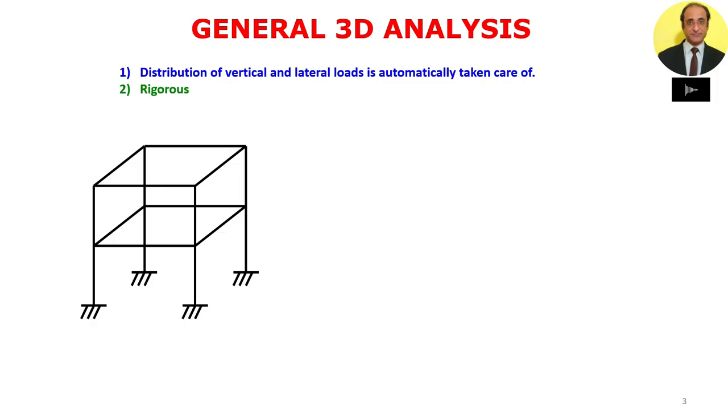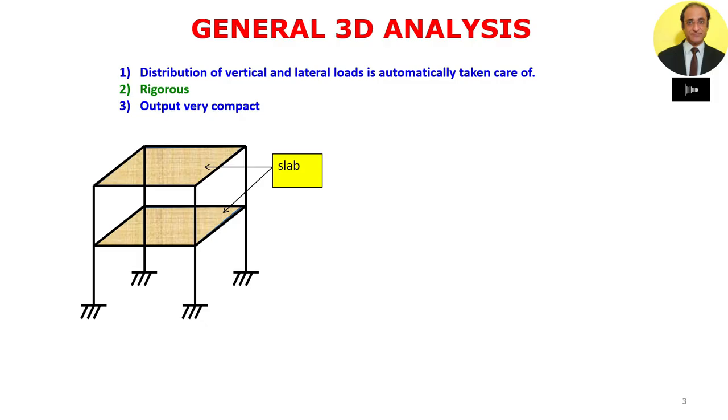It is very rigorous and it gives us an output which is very compact. All the member forces are 12 by 1, and all the joint displacements are 6 in number, so we get everything. But the point is that this general 3D analysis ignores the presence of the floor slab, especially its role in lateral load distribution.